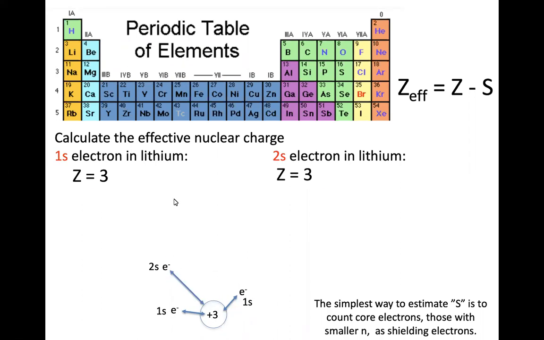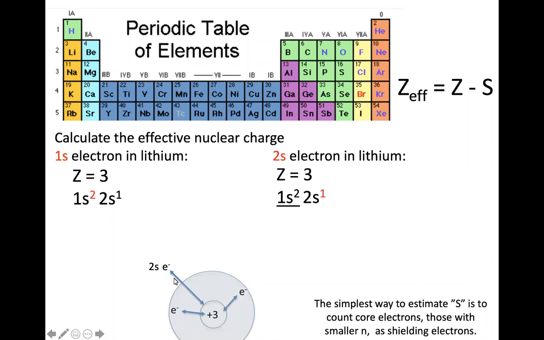If I were to think about their effective nuclear charge, for a 1s electron, there is no electron with a smaller principal quantum number. That electron doesn't have any shielding. But for the one in the 2s, which I'm designating with red there, there are 2 electrons that have a smaller principal quantum number.